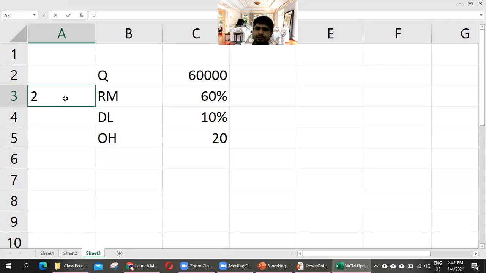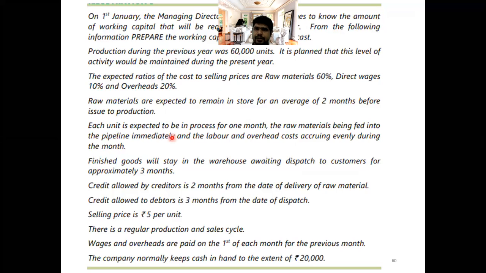And direct labor. Each unit is expected to be in the process for 1 month. The raw material is being fed into the pipeline immediately, and the labor and overhead costs occur evenly during the month. Right. So they are talking about work in progress. So how long does it take to finish a product, to convert raw material into finished goods?